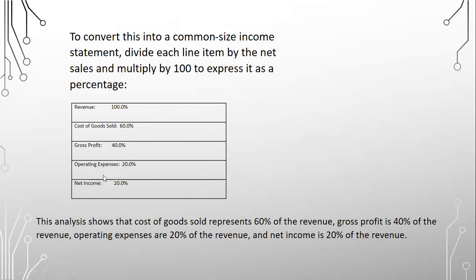Operating expenses divided by revenue, you get 20%, then net income. So this analysis shows that cost of goods sold represents 60% of revenue, gross profit is 40% of revenue, operating expenses are 20%, and net income 20% of revenue respectively. And that is common size, also known as vertical analysis of financial statements.